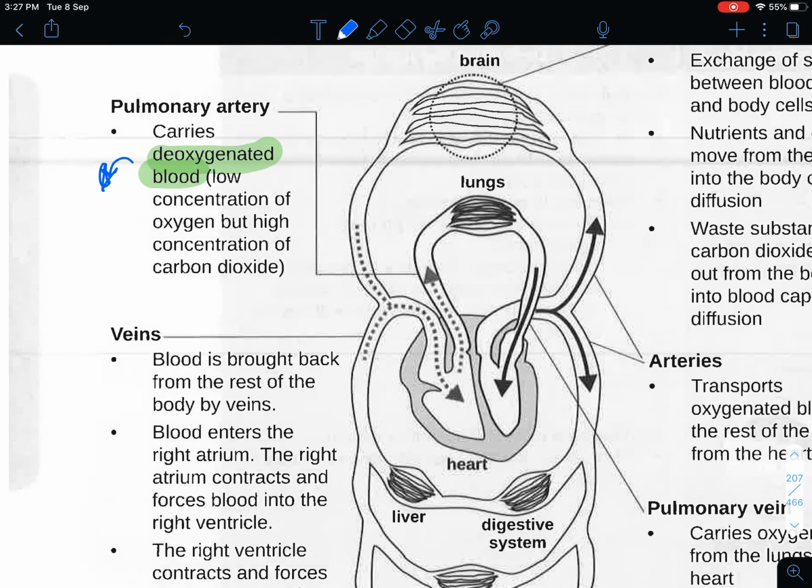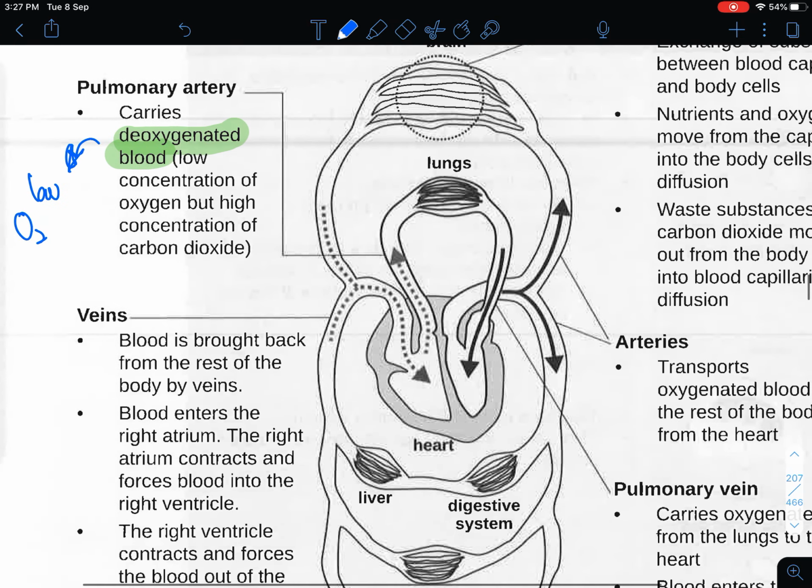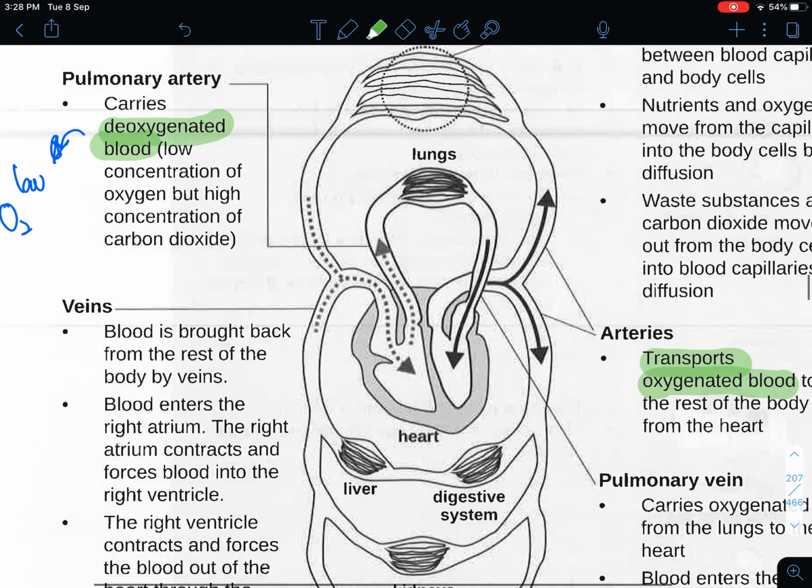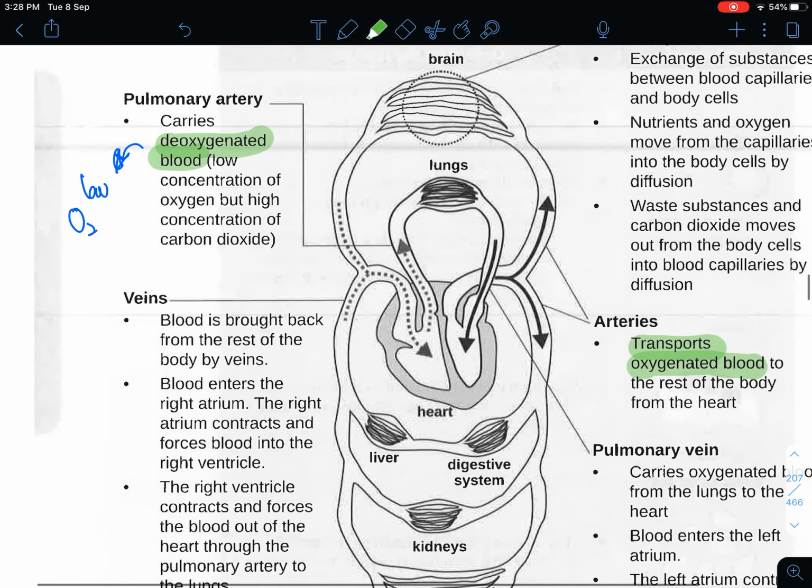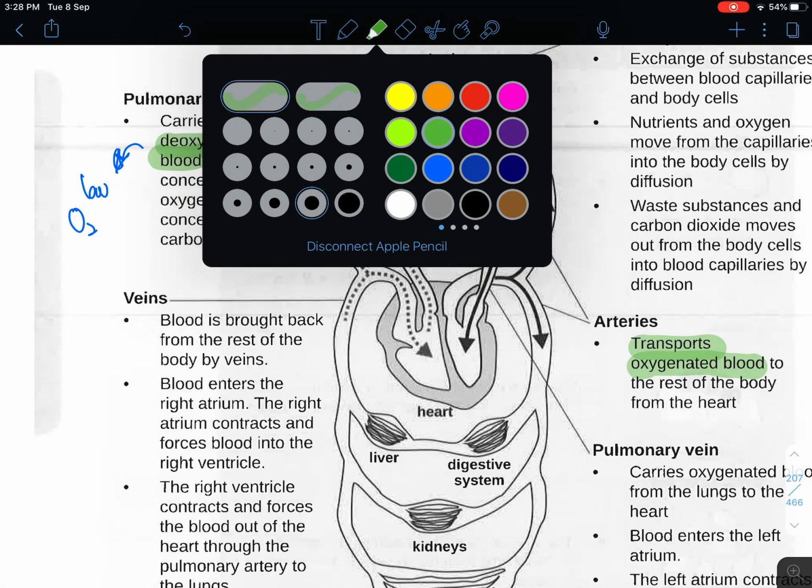What this means is it doesn't contain, or it has low, oxygen concentration. But this is actually different from arteries, which tend to transport oxygenated blood, whereby there is oxygen here. Now, why is it so? It's because in this area here, oxygen has already been diffused into the red blood cell.